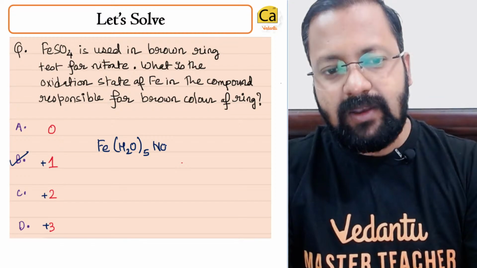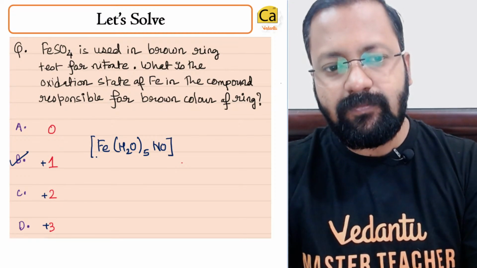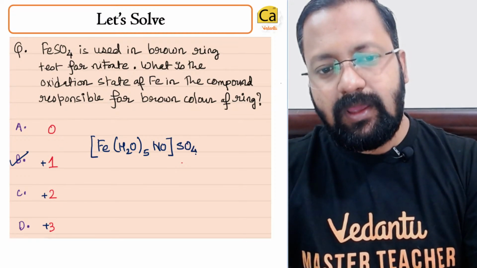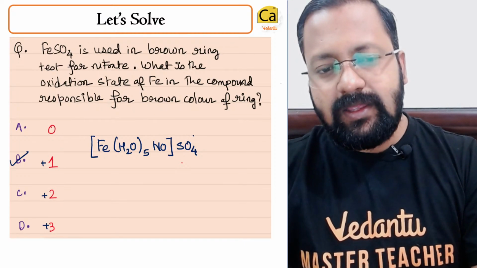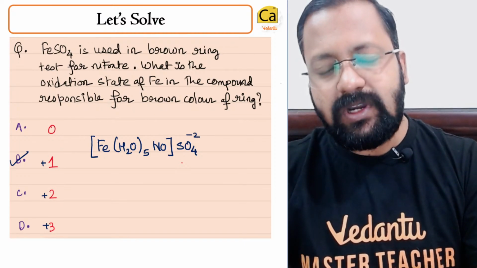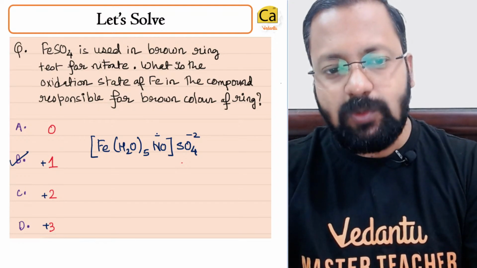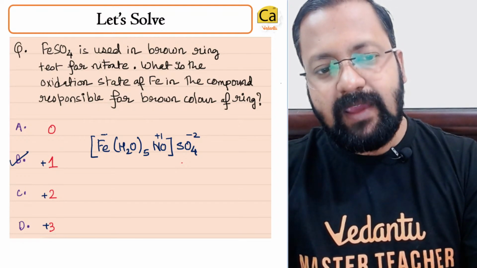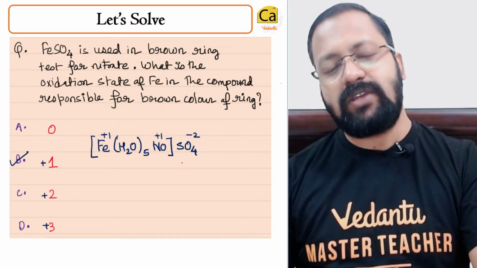[Fe(H2O)5NO]SO4. Sulfate is in -2 oxidation state, NO is in +1 oxidation state, and Fe is in +1 oxidation state.